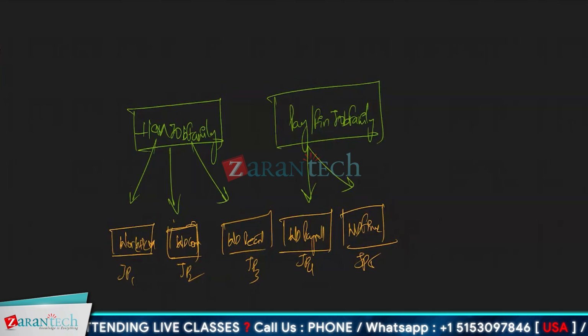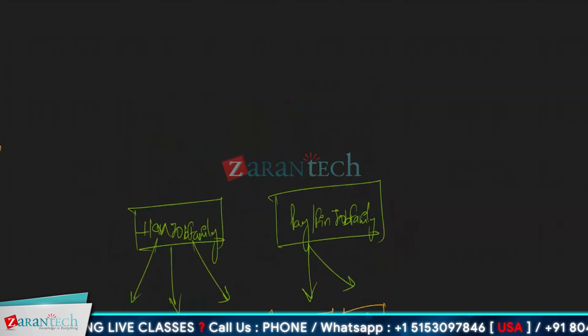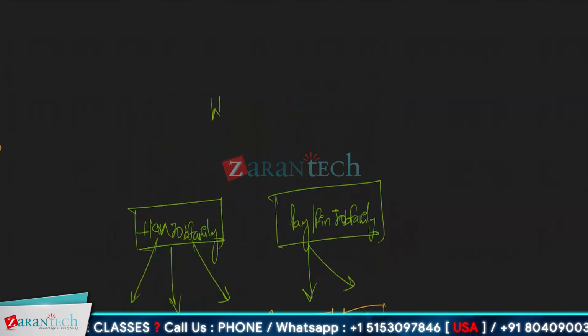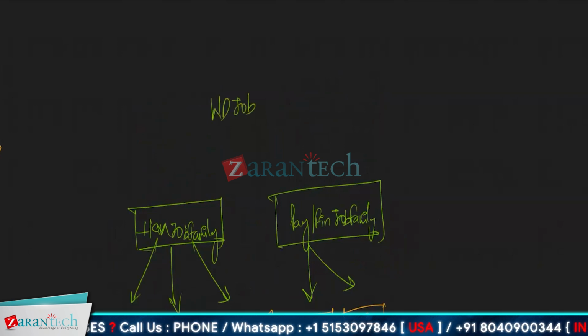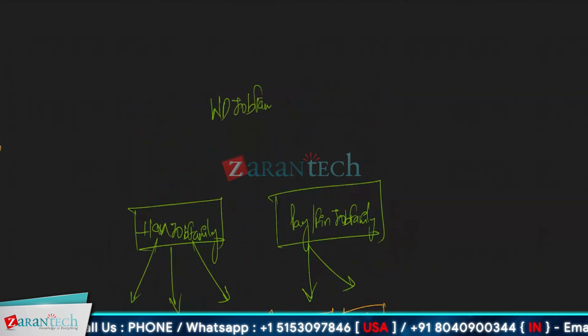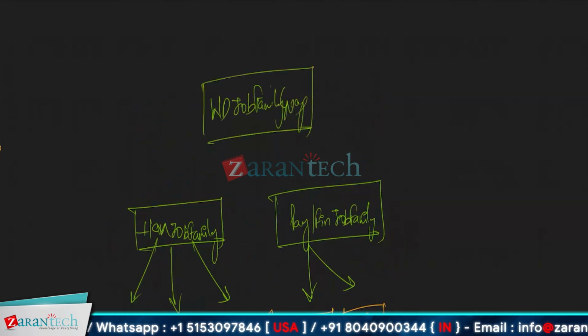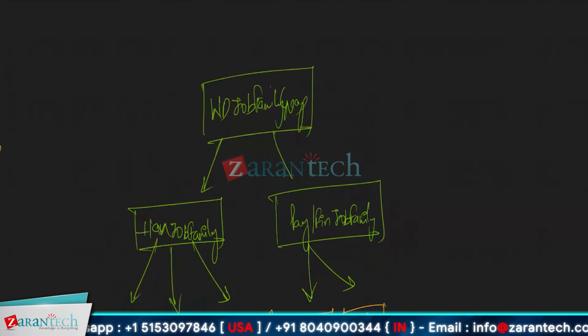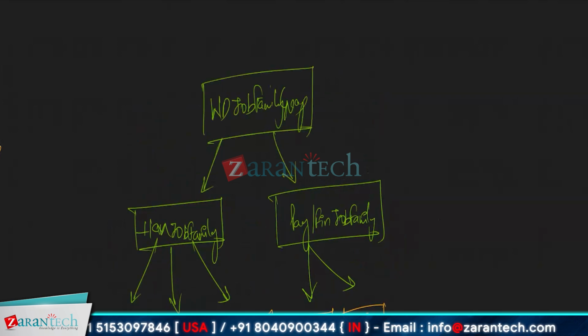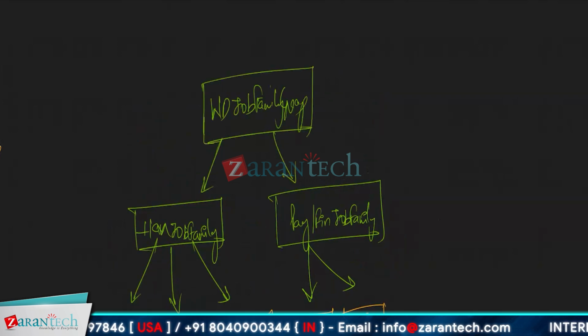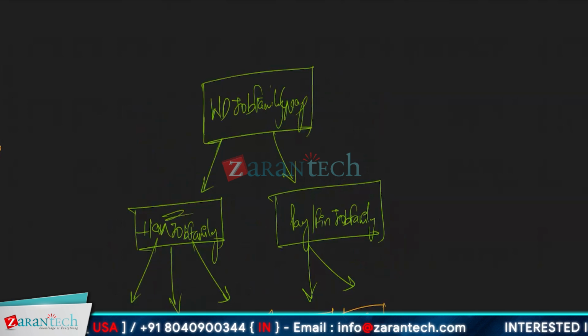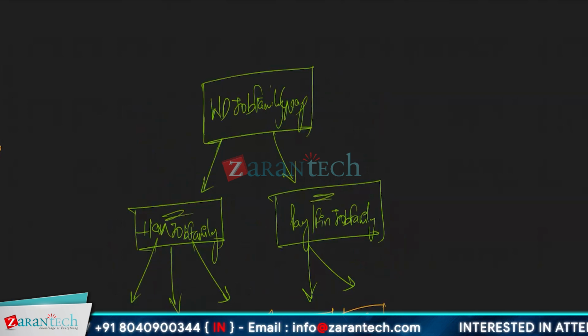I can further create another job family group here and call it Workday job family. Okay, so in the Workday job family group, you have two job families. You have HCM job family, and then you have payroll finance job family.